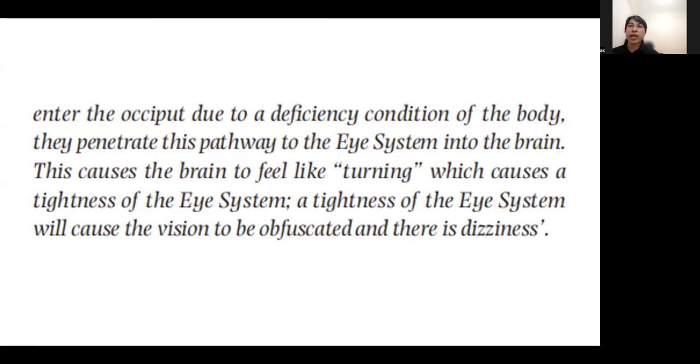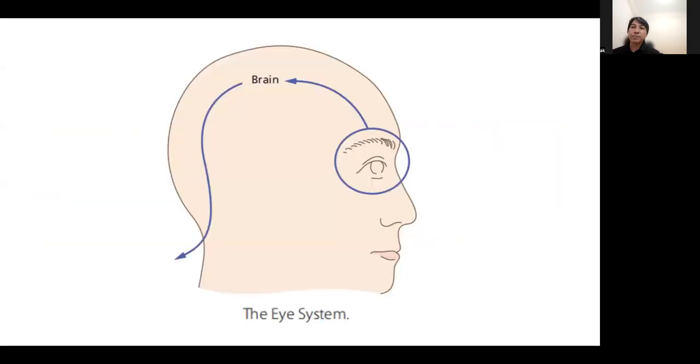This causes the brain to feel like turning, which causes a tightness of the eye system. A tightness of the eye system will cause the vision to be obfuscated and there is dizziness. This is the eye system.